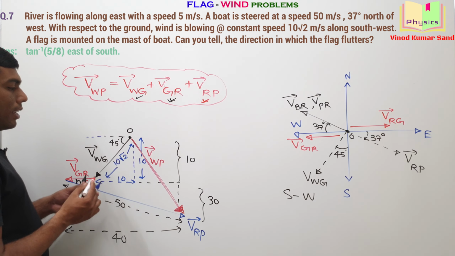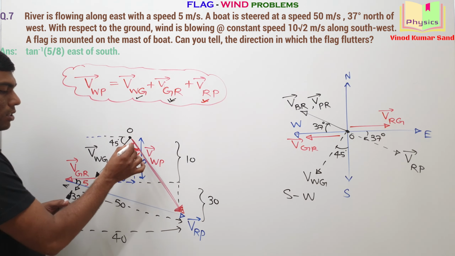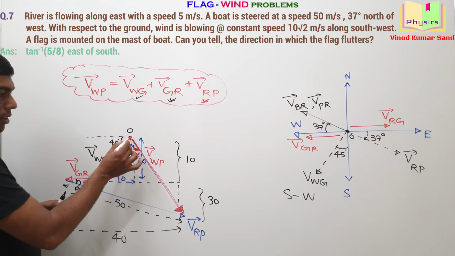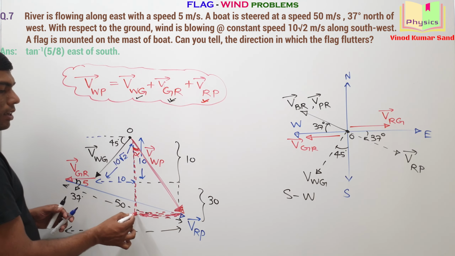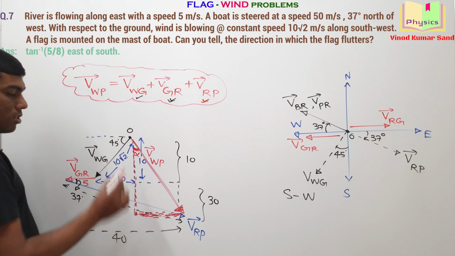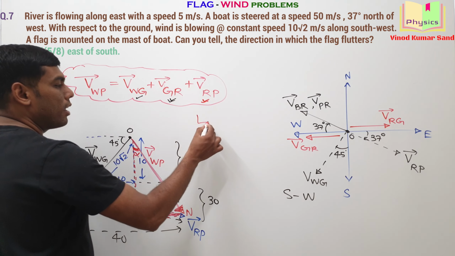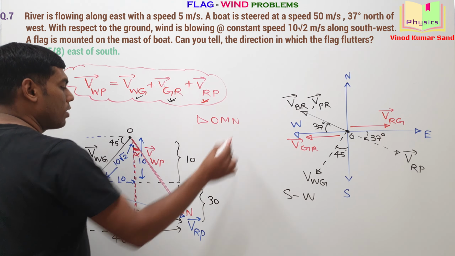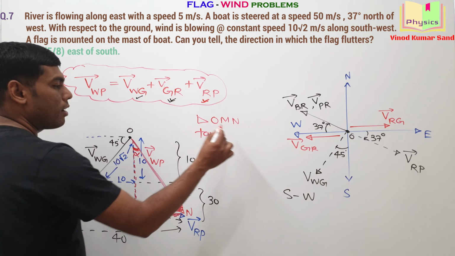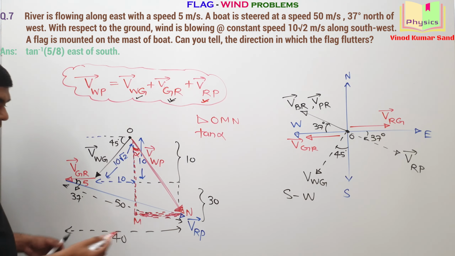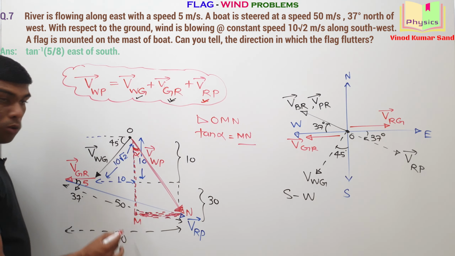So basically we require this angle as alpha. I hope you understand. I am completing the triangle here. You get this triangle? Let me name it. This is O, this is M, this is N. In triangle OMN, we need the value of tan alpha. So how much is tan alpha? Tan alpha is equal to MN by OM.